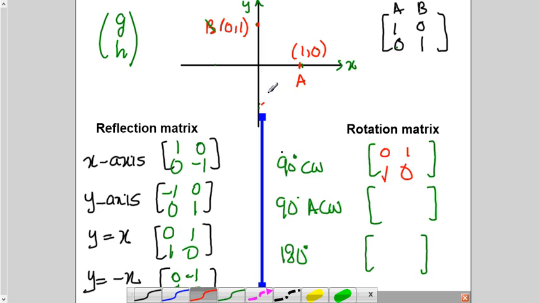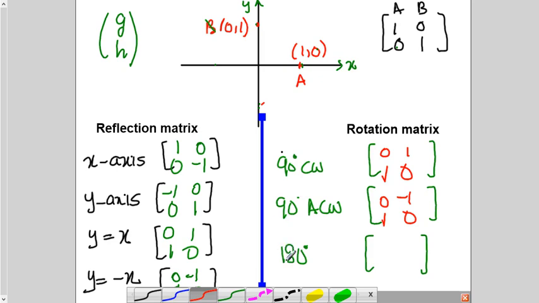If I say 90-degree anti-clockwise, A will go here and B will go here. So when A will come here, it will be 0, 1 and B comes here -1, 0. And remember, 90-degree clockwise is equals to 270-degree anti-clockwise. So that's why I did not write anything for 270, because you can use these matrices.